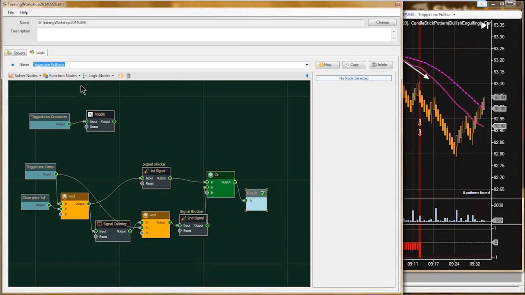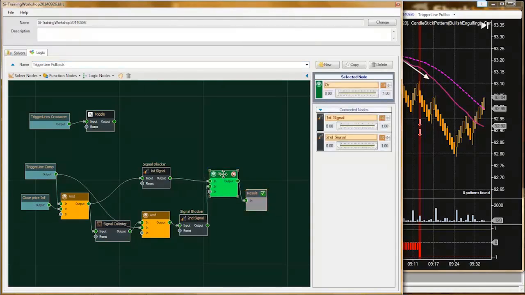All right, so there we go. And let's see. And let's rename my OR node here. I'll just name it to both.